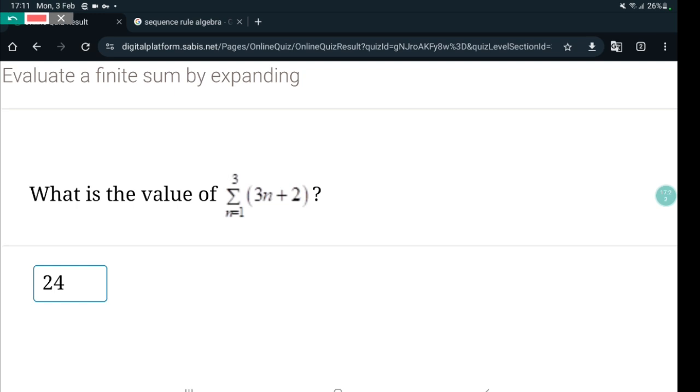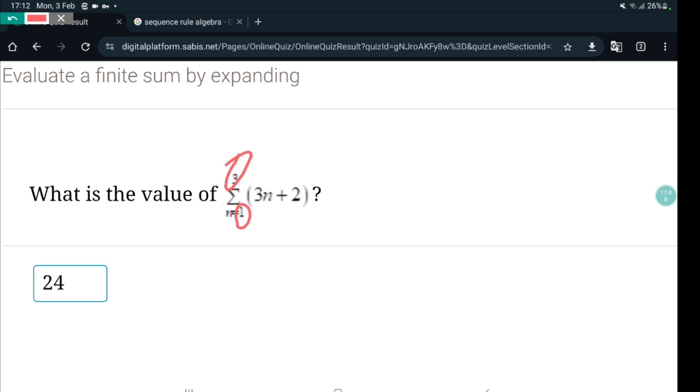Okay, so to start with the explanation, the sigma symbol means the sum of the equation that's next to it, the sum of all of that equation, with n being substituted from this to this.